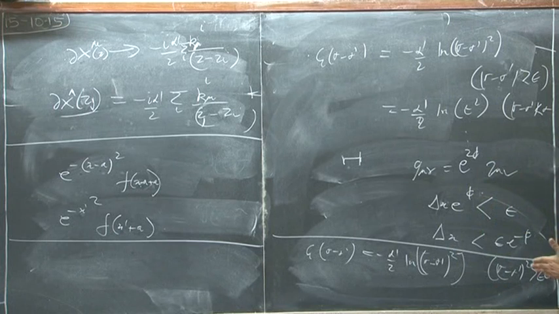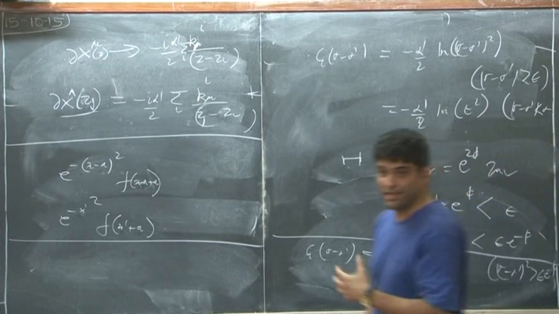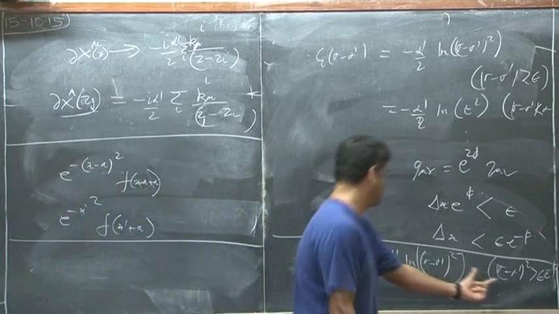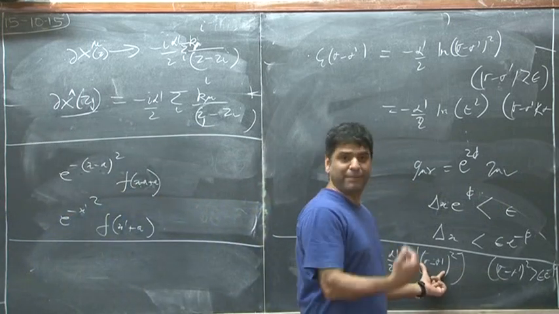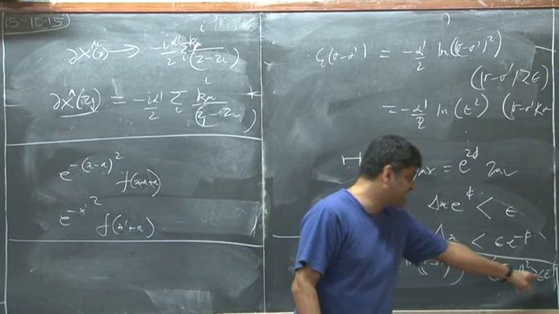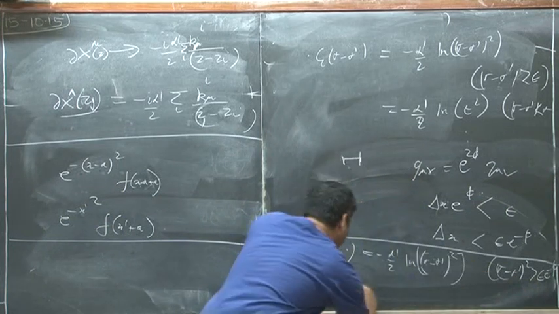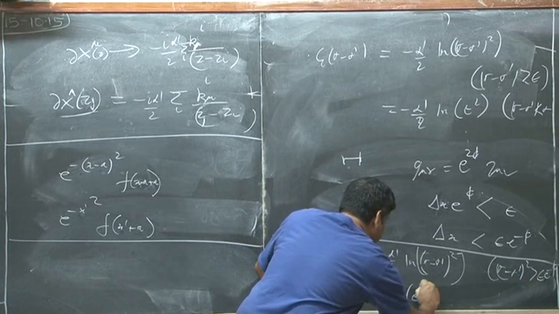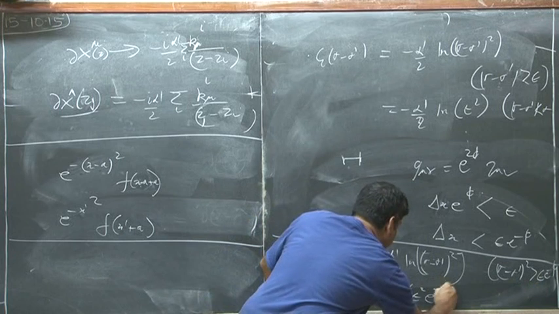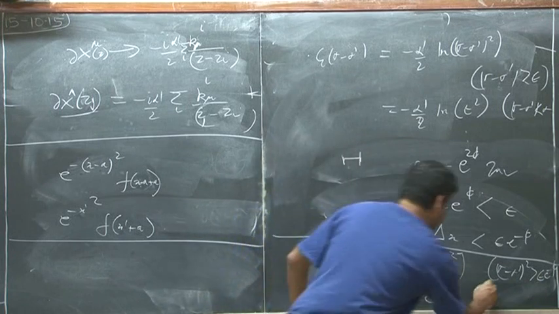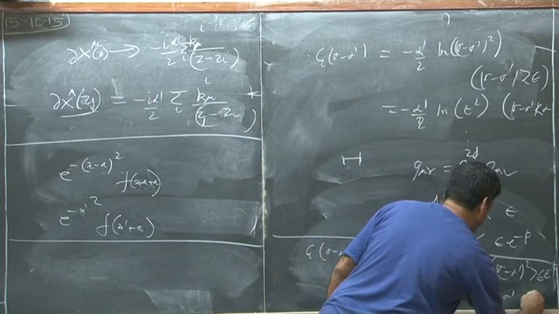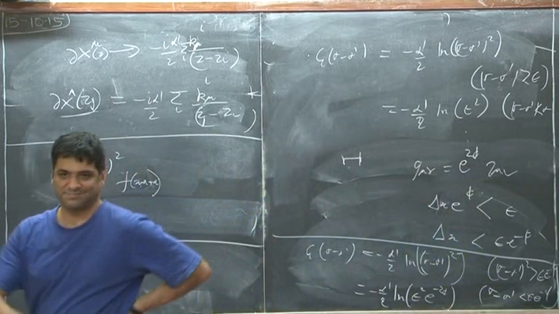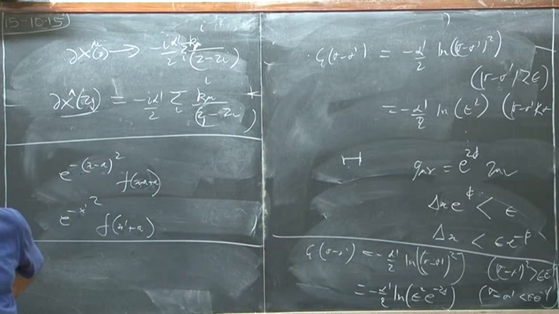And for those values when it's lower than this, you replace it by the value at the cutoff, which is this. So you replace it by minus alpha prime by 2 log of epsilon squared e to the power minus 2 phi, for sigma minus sigma prime less than epsilon e to the power minus phi. You see?